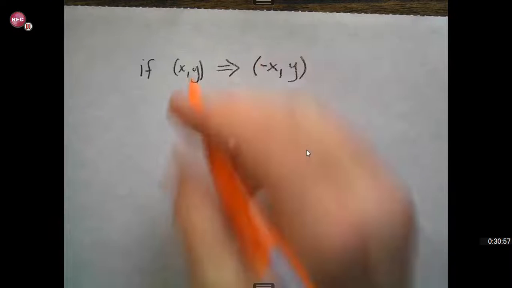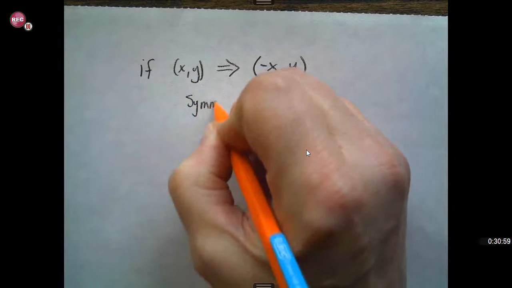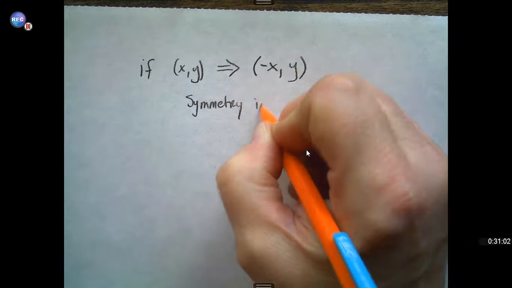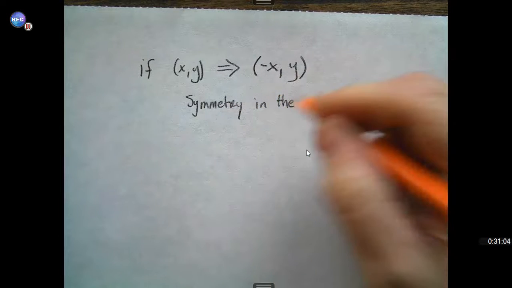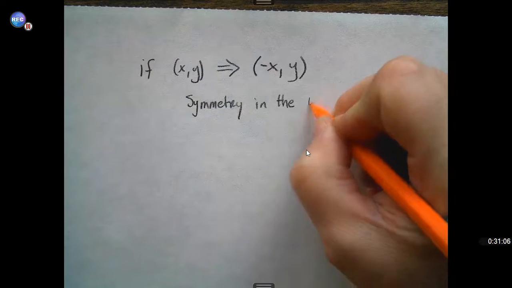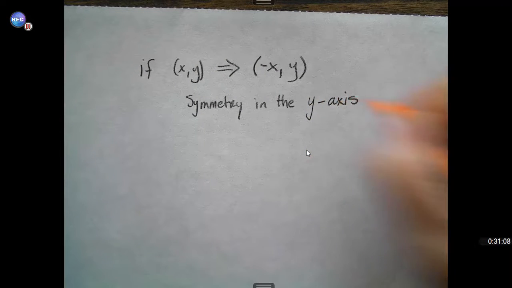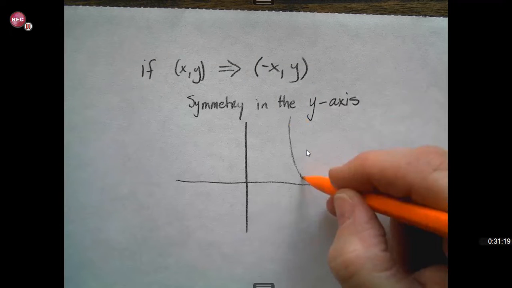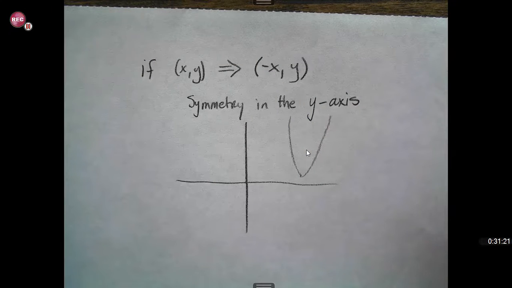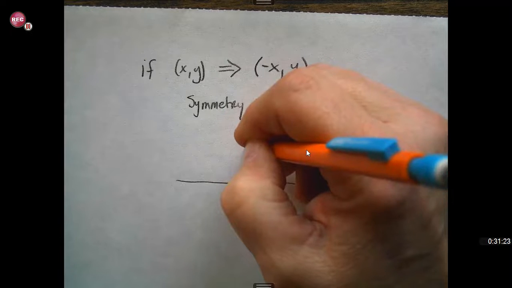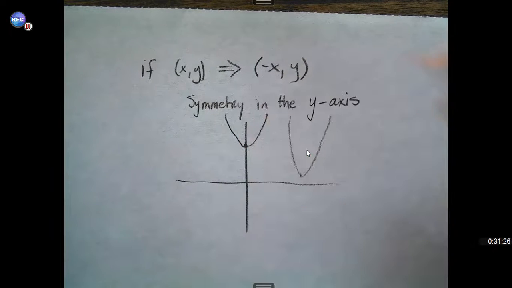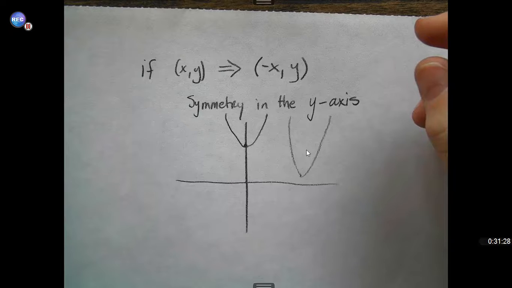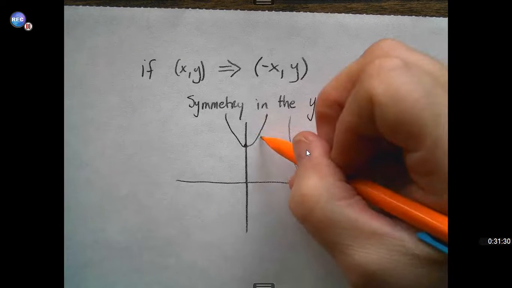This means that I have symmetry in the y-axis. So something that has symmetry in the y-axis would be considered an even function. Does this parabola out here have symmetry in the y-axis? No. But any parabola that has its vertex on the y-axis would have symmetry in the y-axis, and that makes it an even function.